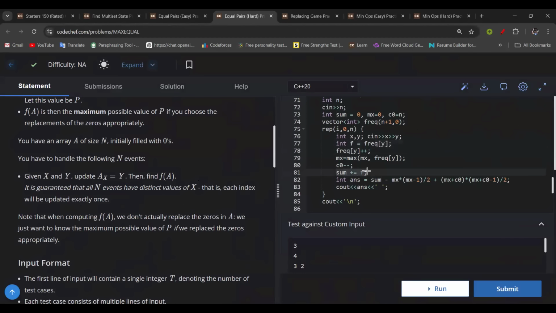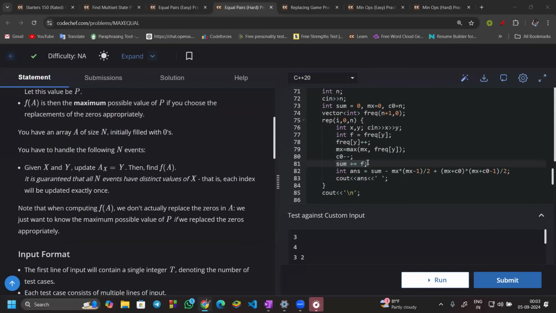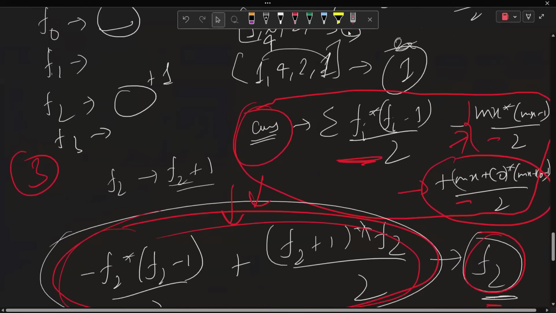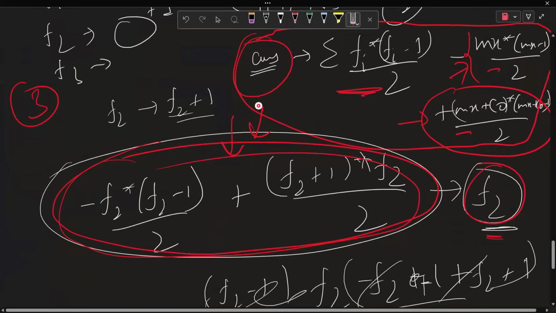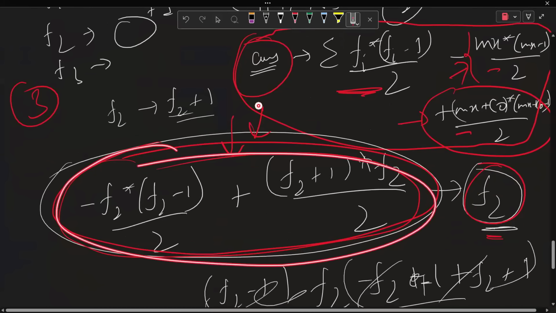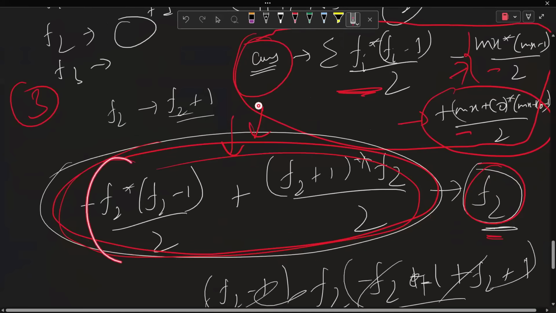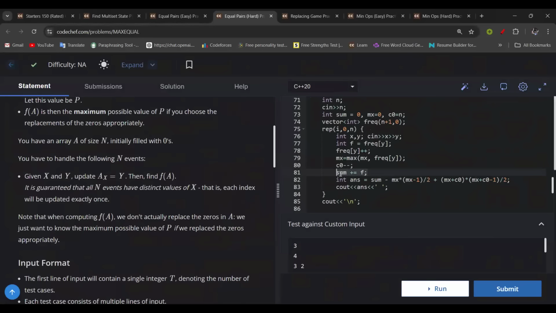You can either write sum plus equal to f, or you can write sum plus equal to this whole thing. Okay, this would evaluate to f basically. That's why I've written sum plus equal to f. If you cannot evaluate this, you can just directly write this because you are replacing this f by f plus 1. Okay, so this is the updation on my sum part.